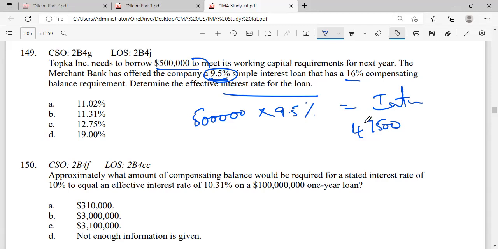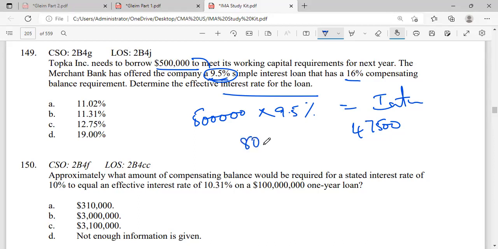Just take 500,000 into 16%. Yes, I'm looking into the chat section for your answer. How much is it? Yes, it is 80,000.